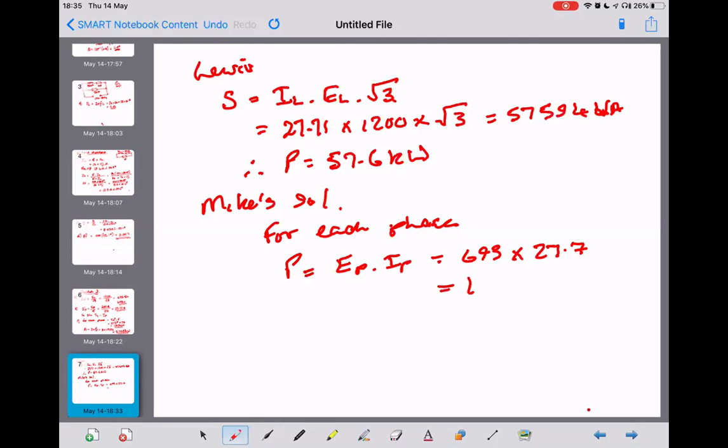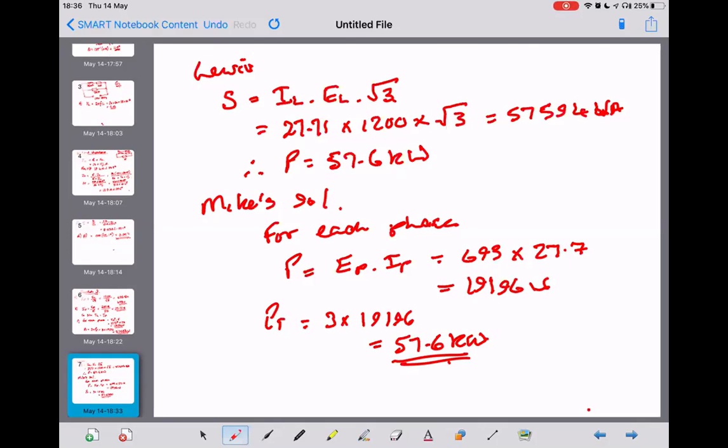Equals 19196 watts. And then P total is 3 times 19196, which is the 57.6 kilowatts. All those methods have the same answer, and all would earn you the obligatory 2 marks for that question.